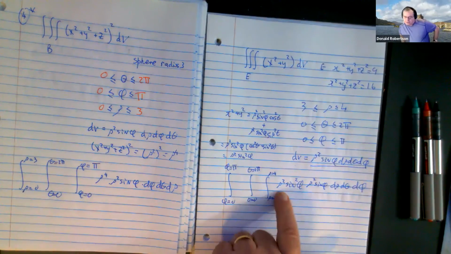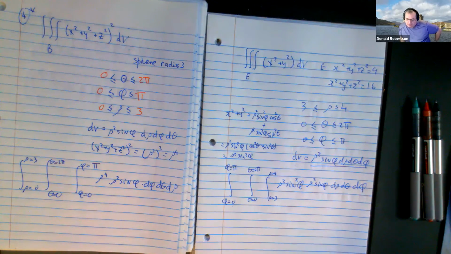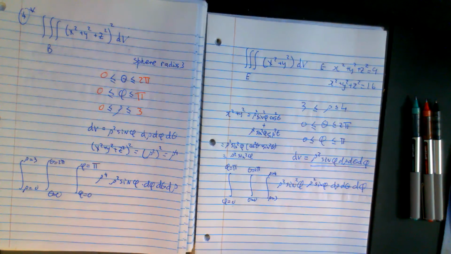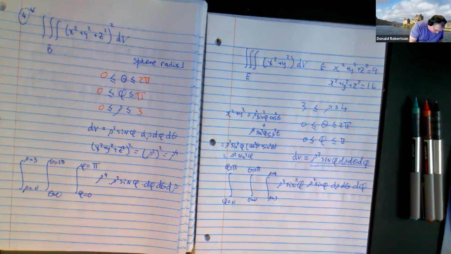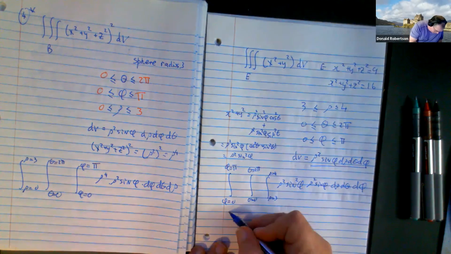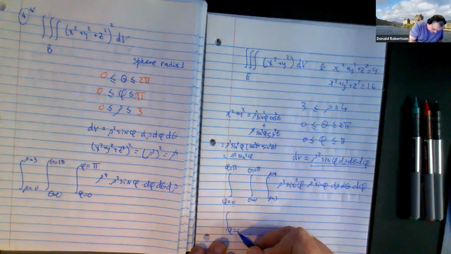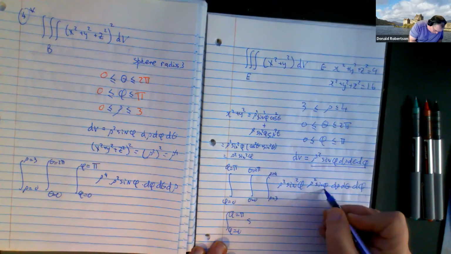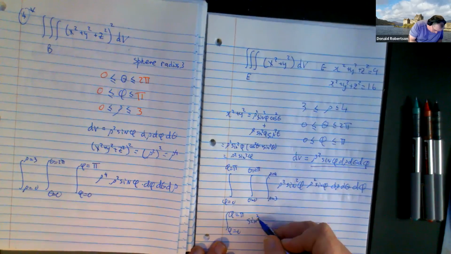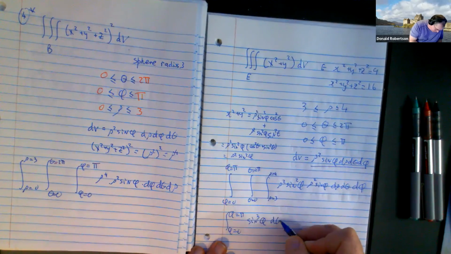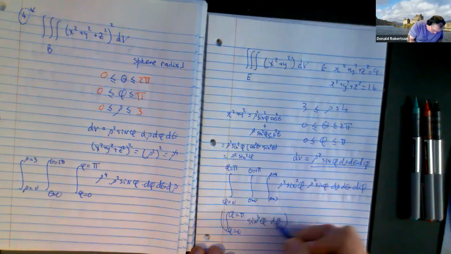Is this one variable separable? No, I don't think so. Actually, wait, once you simplify everything, yeah, it would be, wouldn't it? So if we do phi equals 0 to pi, when you combine them all, you get a sine cubed of phi.